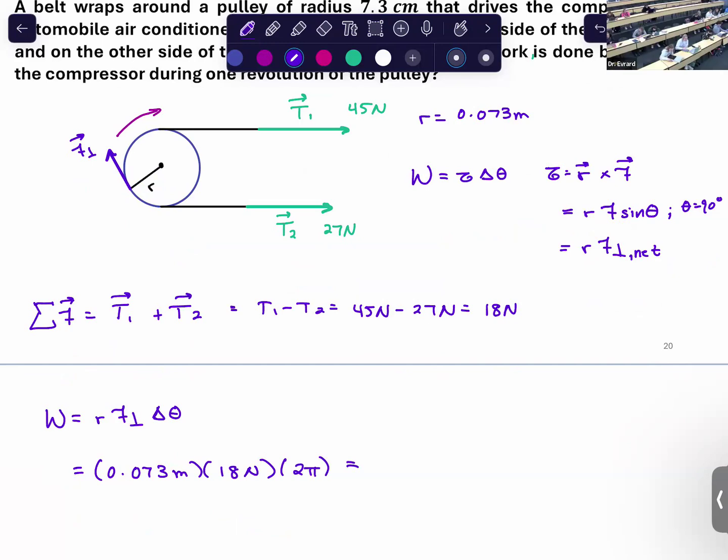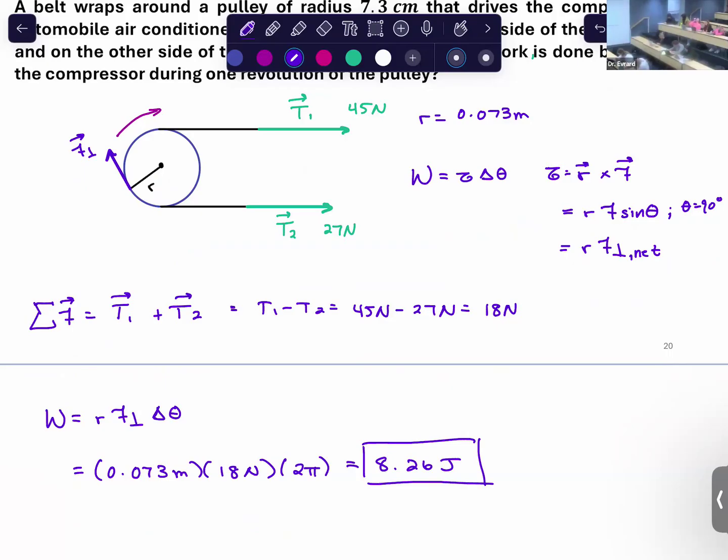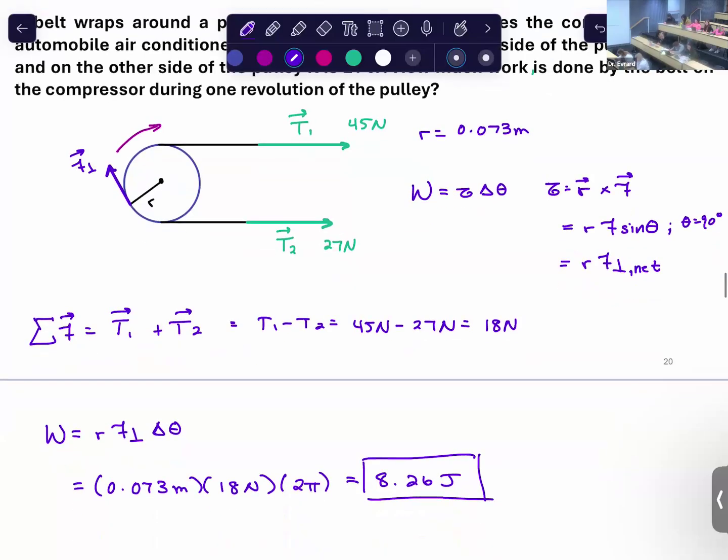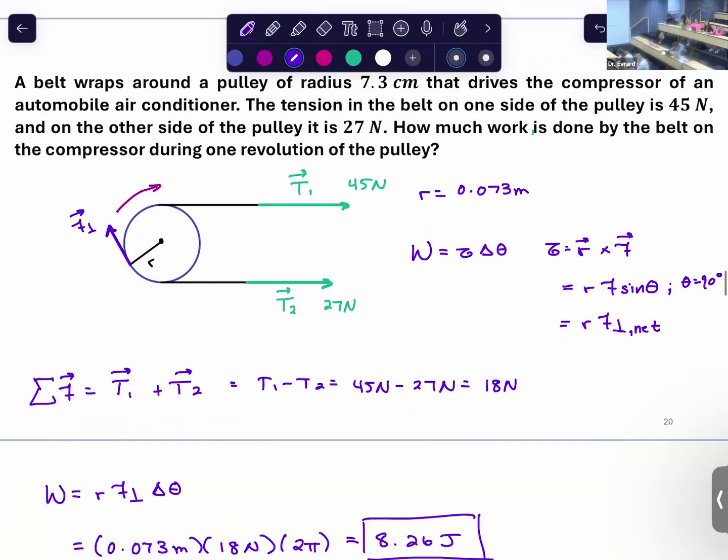That's going to give us 0.26 joules for the work energy. That was a nice, simple little problem.